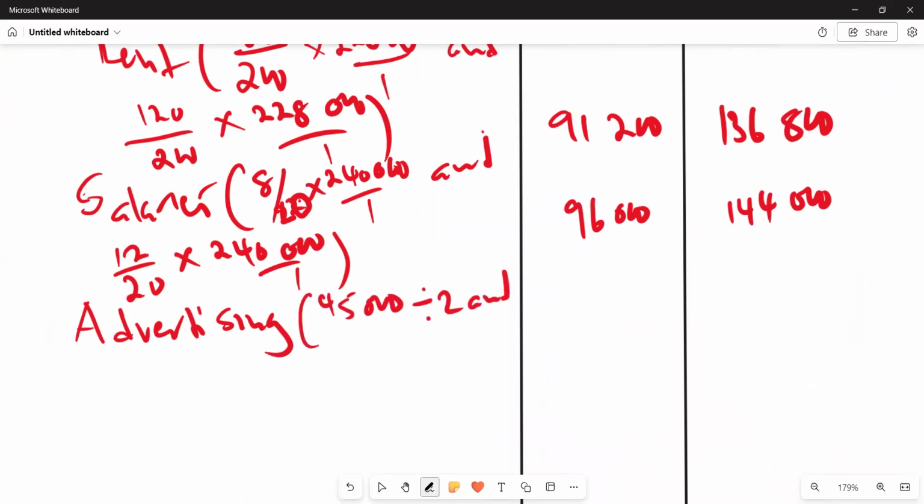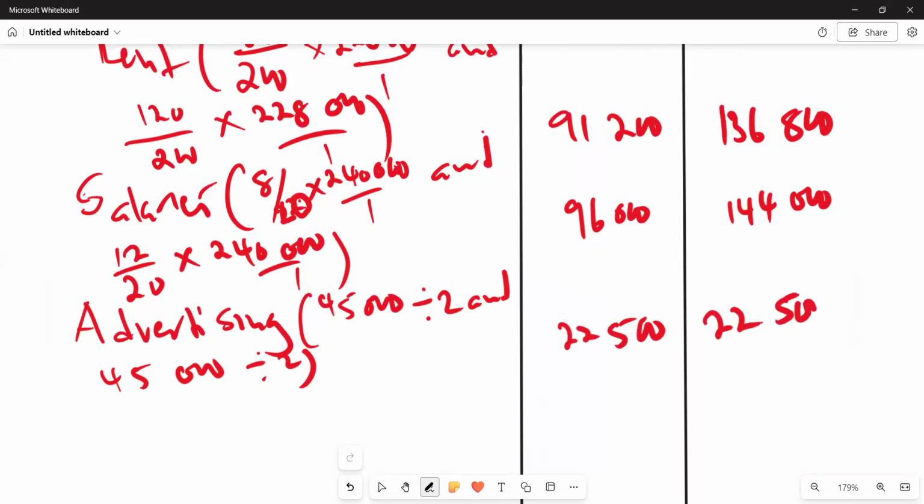Do the same thing in the second column, 45,000 divided by 2. We are going to get the same amount there, which is 22,500. We're just going to apply it to both columns. Then we go to the next one.